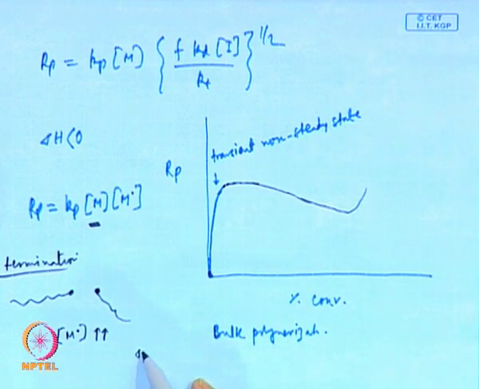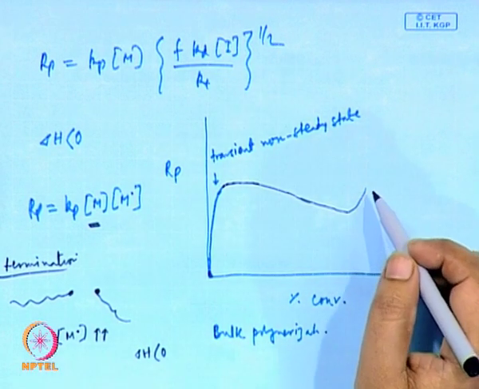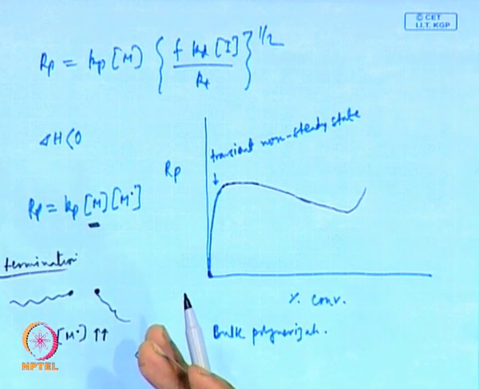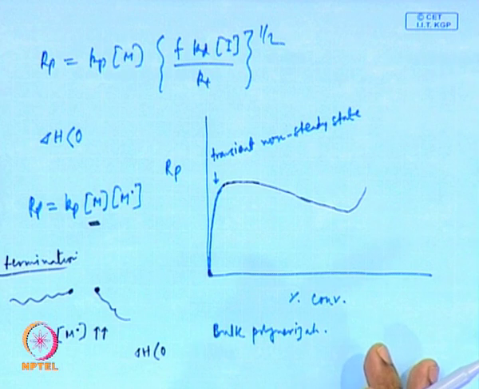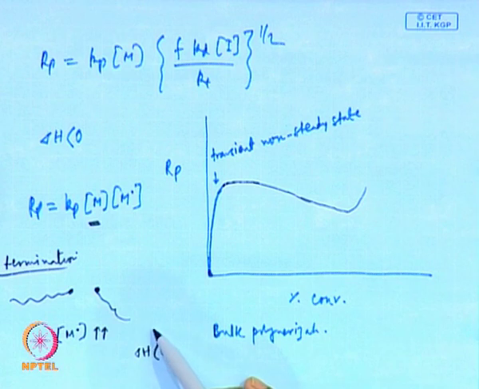Now, we know delta H is negative, an exothermic reaction. Once the rate goes up, more and more heat is evolved, and we will know in a minute that if we increase the temperature of the medium, the rate of polymerization goes up even further.